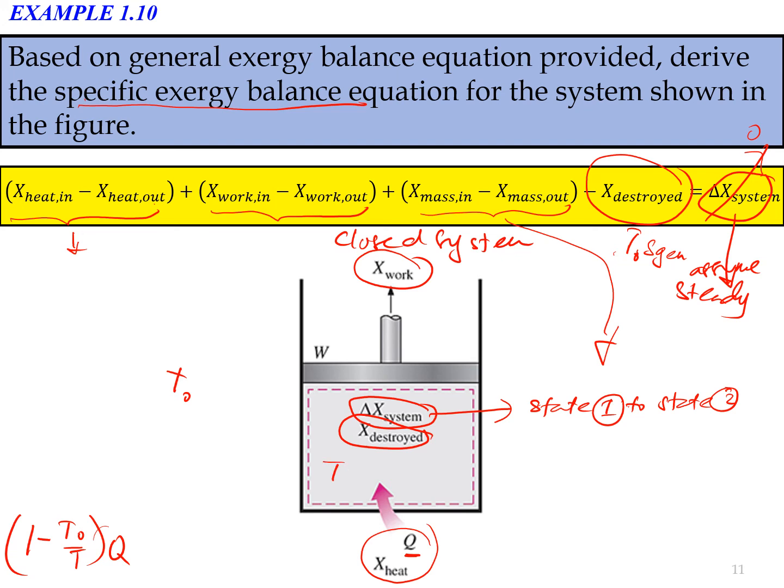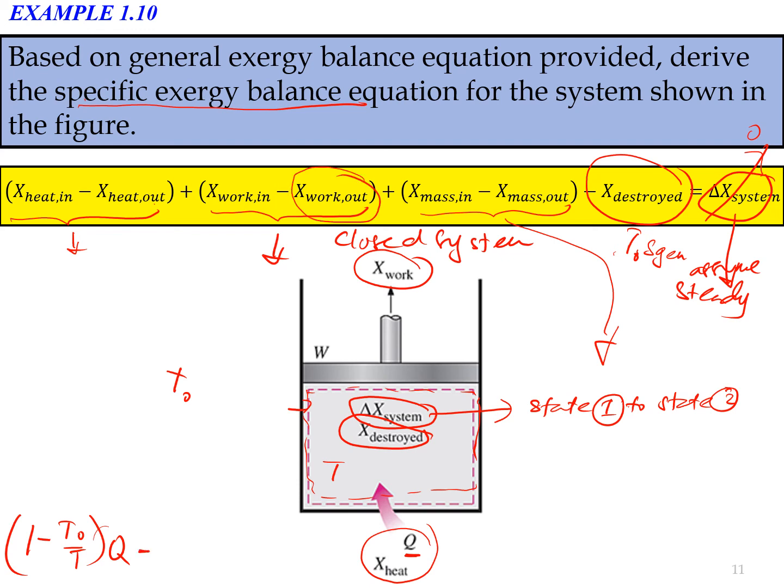And then we have the component of work. We know that this boundary is moving, expanding, for example, in this case. So we have the equation of this is heat, and then work is being supplied to the surrounding. So we have work out.